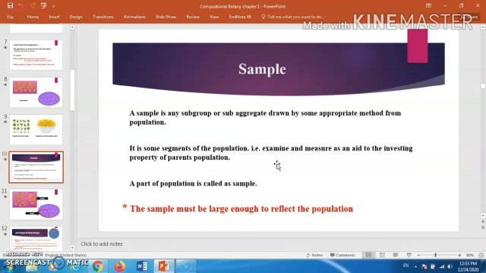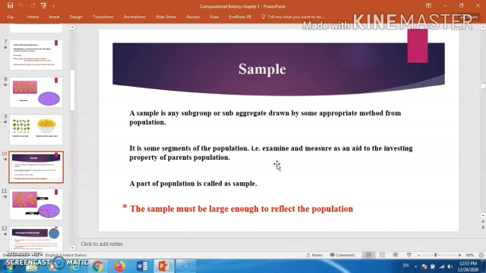There is no need to taste the whole 1 kg. Is that clear? A sample is the representative of the whole population, so no need to check each and every individual of that population.